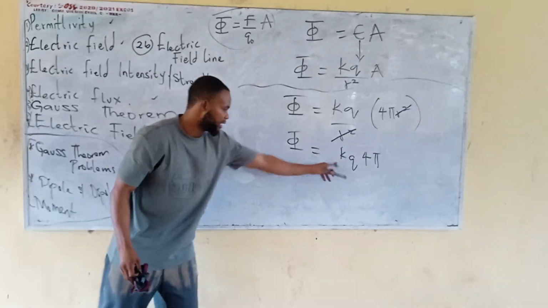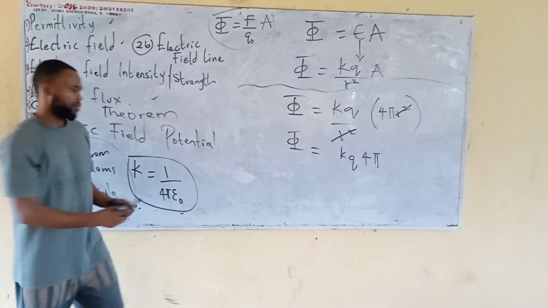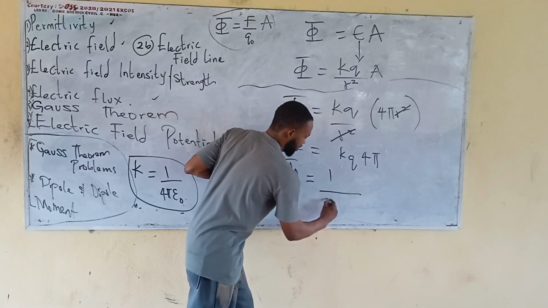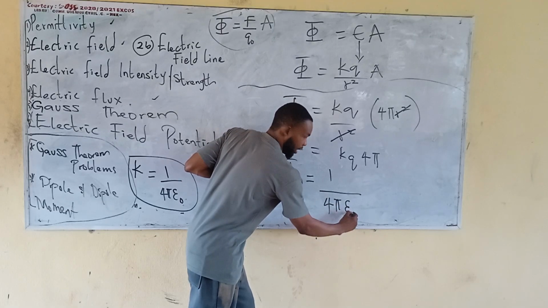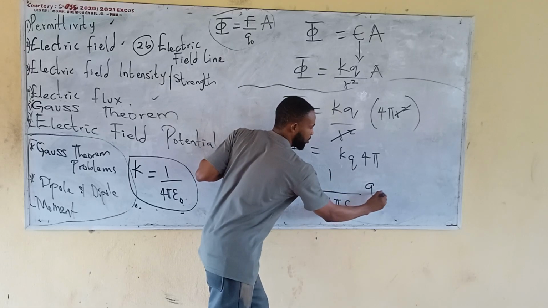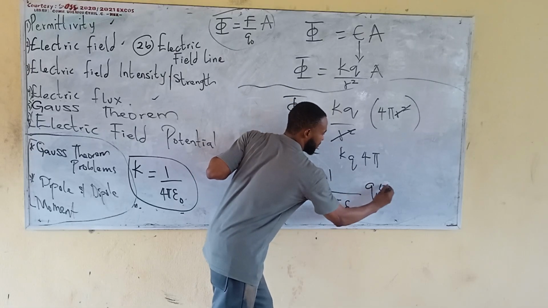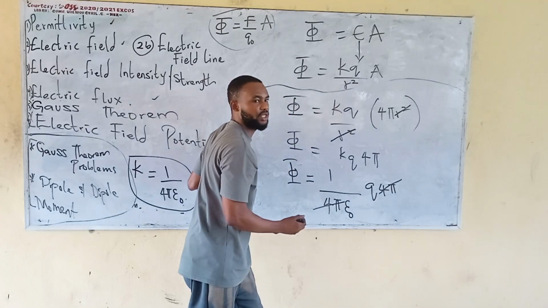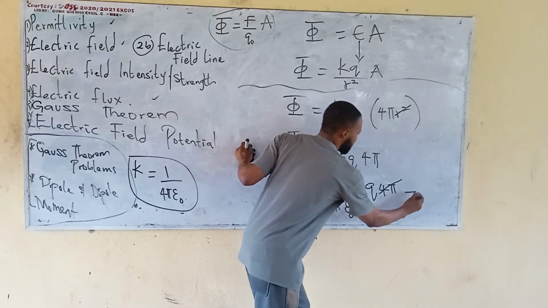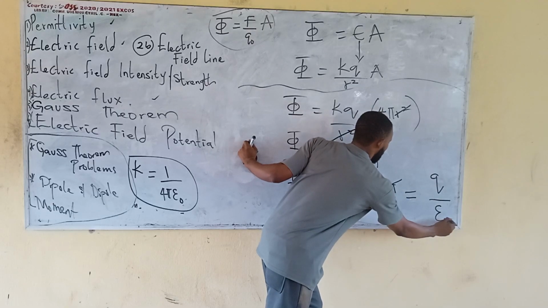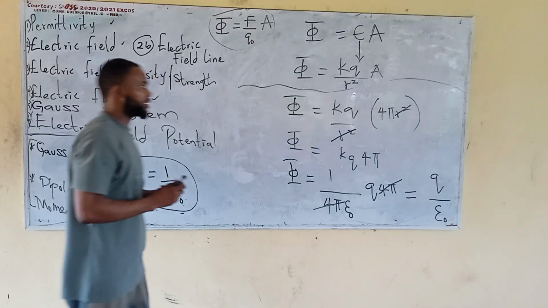Replace K that is here with this, so that the electric flux will be equal to 1 over 4 pi epsilon naught, which is the permittivity of free space, times Q times 4 pi. The 4 pi will cancel 4 pi. Is it not true? So that you now have this thing to be simply Q over epsilon naught. Exactly.